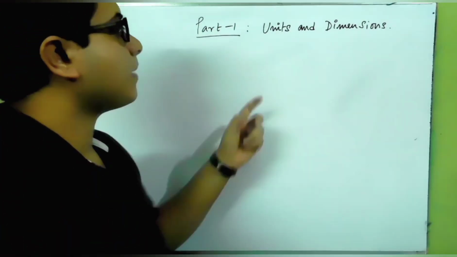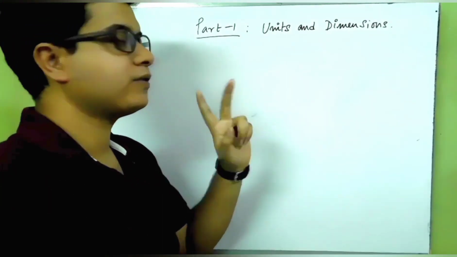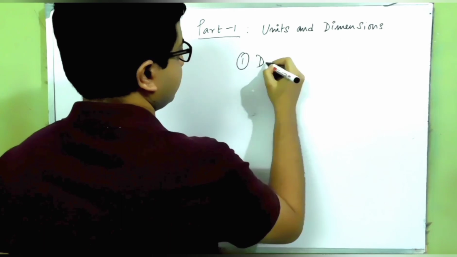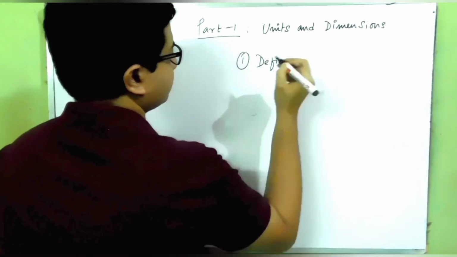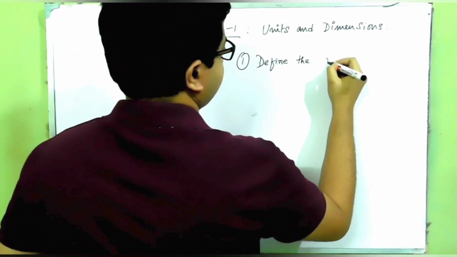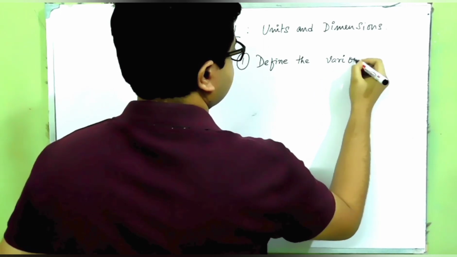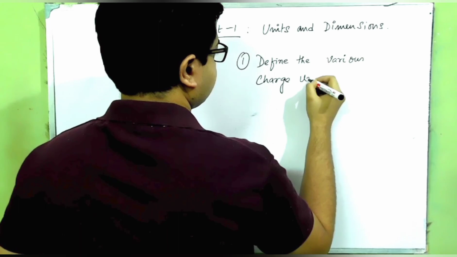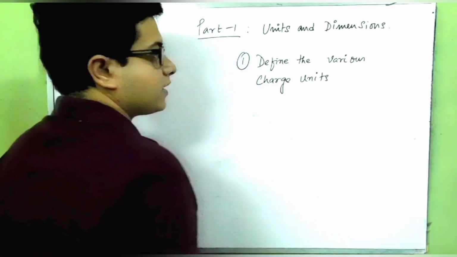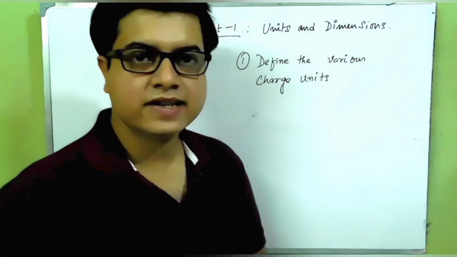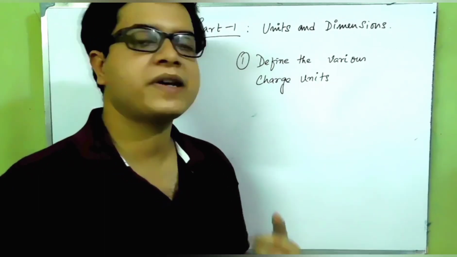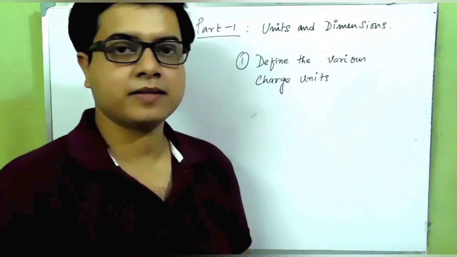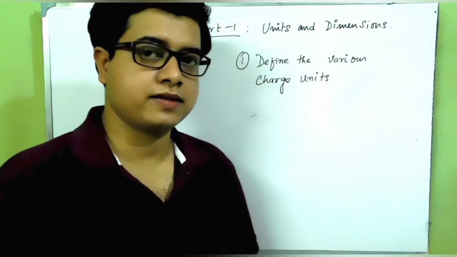I have subdivided this entire topic into 3 subdivisions. Number 1, we are going to define the various charge units. As we know, internationally we follow 2 major metric systems, SI and CGS, and in both we have separate units of charge.